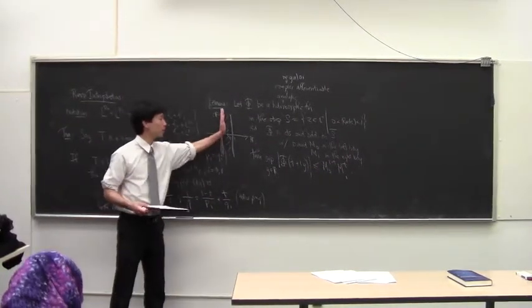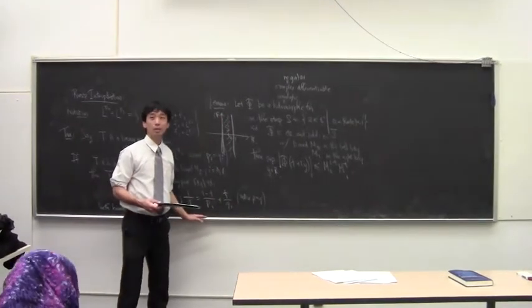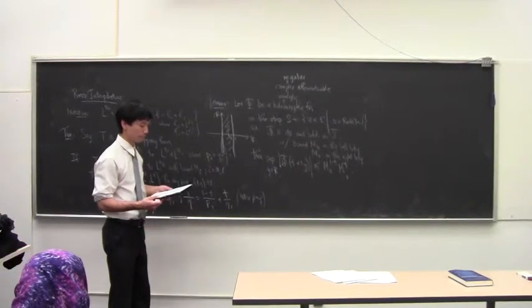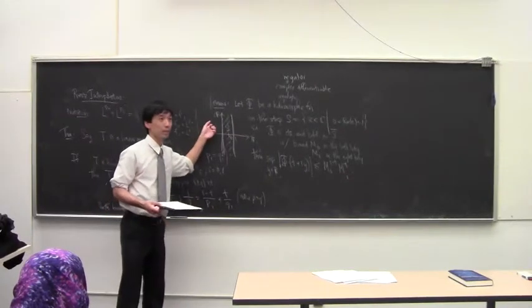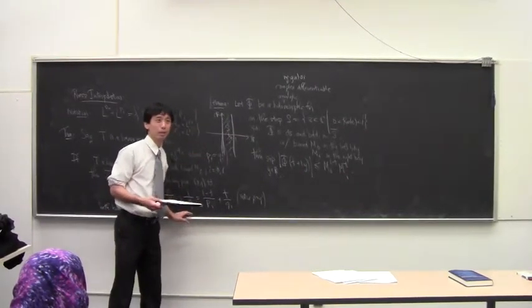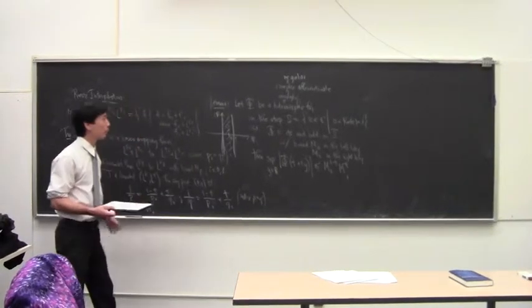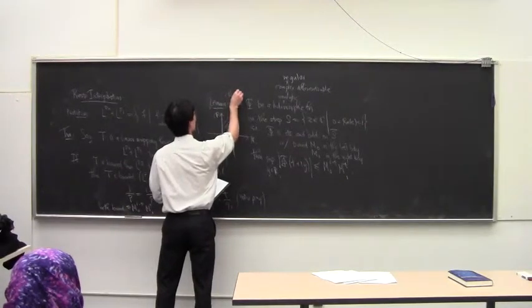So for every line in between, we have these bounds. This is going to be the key tool that we'll use to get the Riesz interpolation theorem. They call this the three lines theorem.